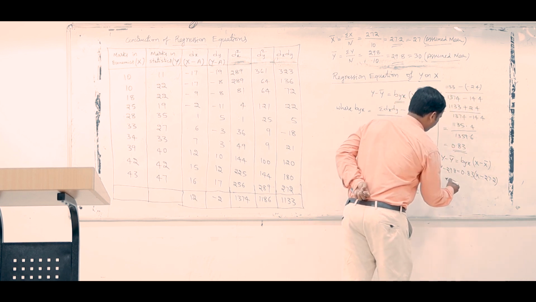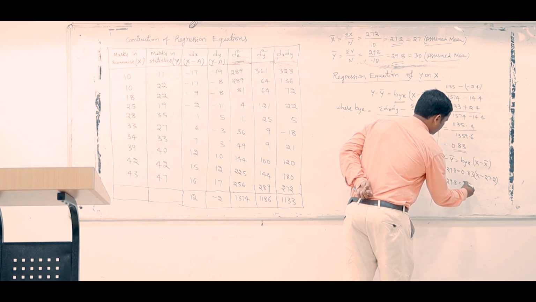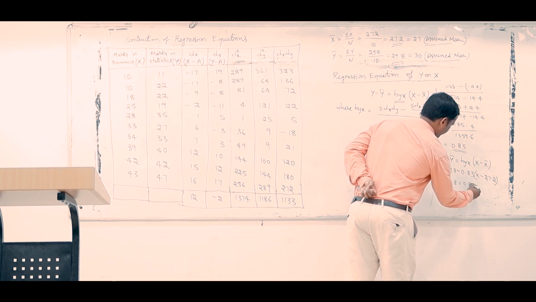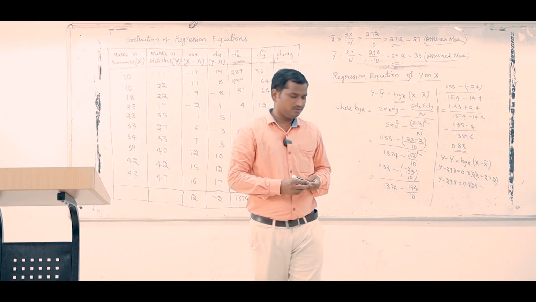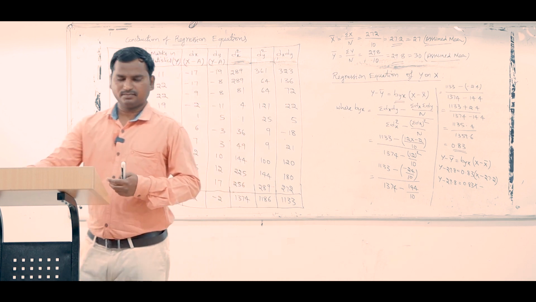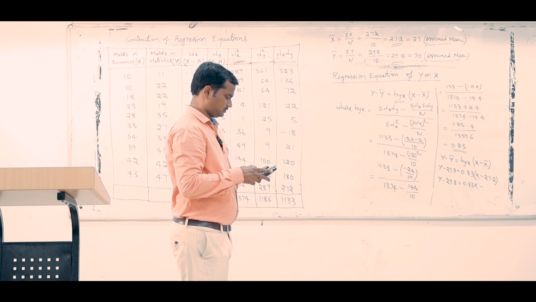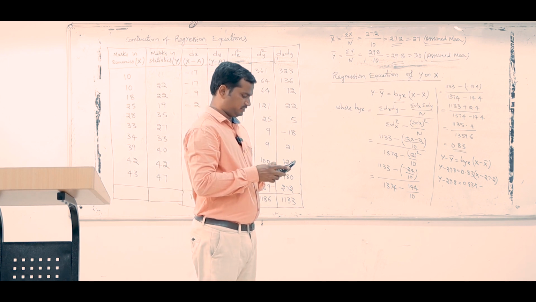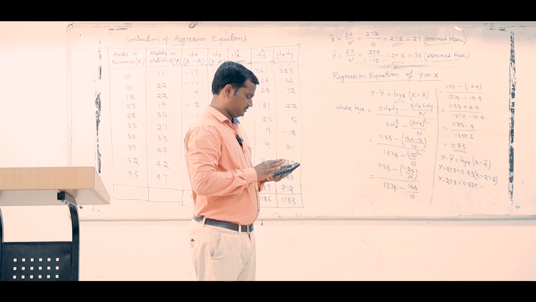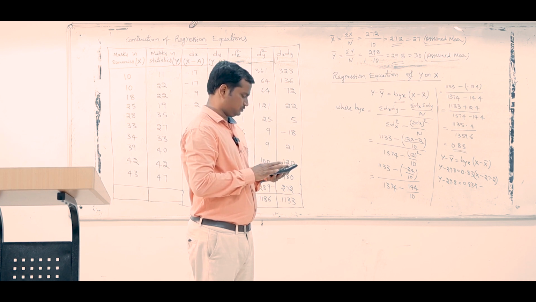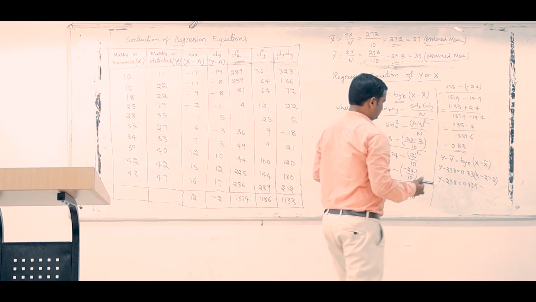So here y minus 29.8 is equal to 0.83x minus, so 0.83 will multiply the 27.2, so 0.83 into 27.2, that will be 22.57.